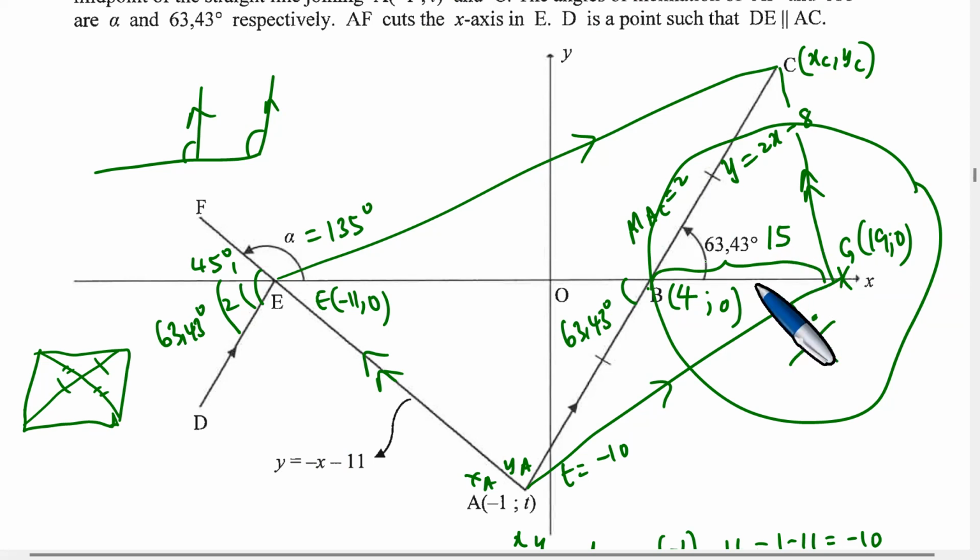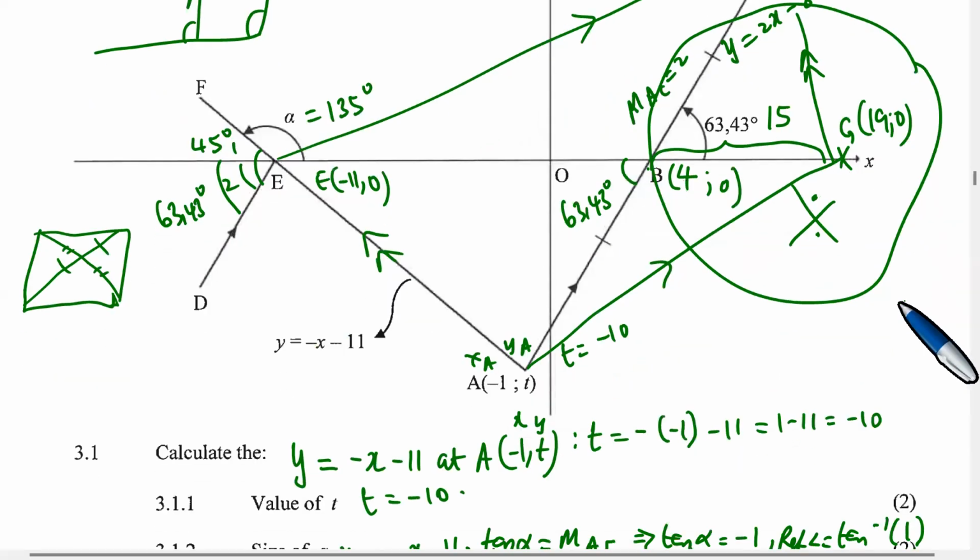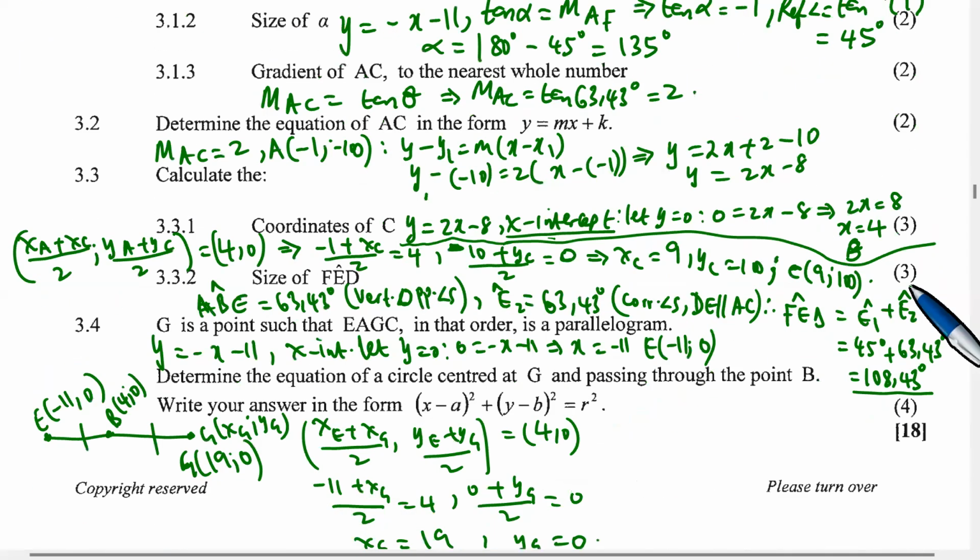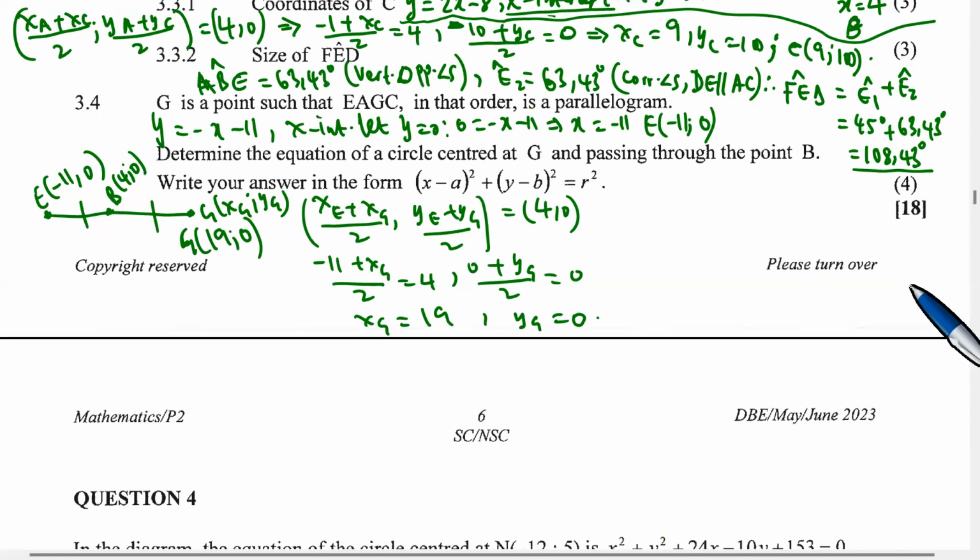That gives us the radius of the circle centered at the point G. That means that the circle centered at G has G as the center with the coordinates 19 and 0.